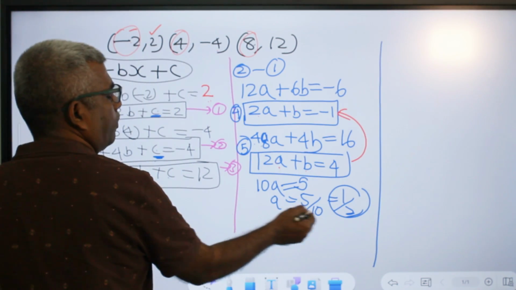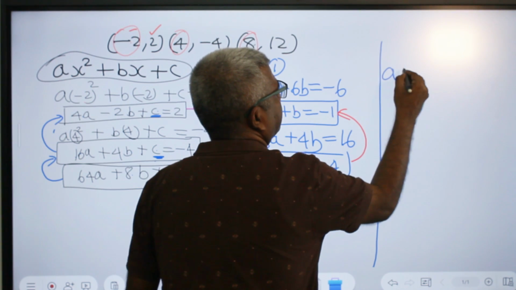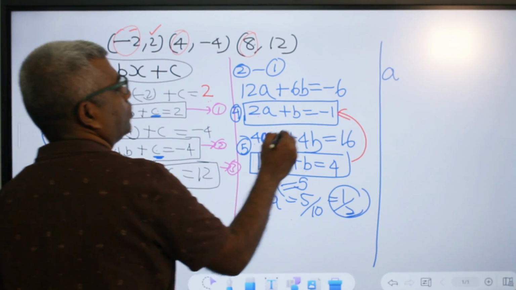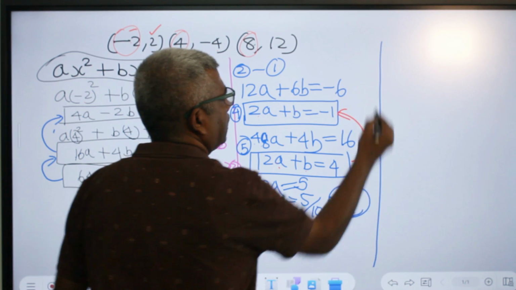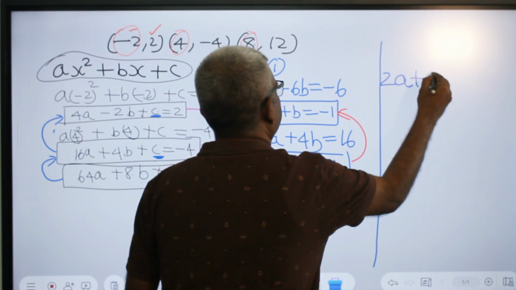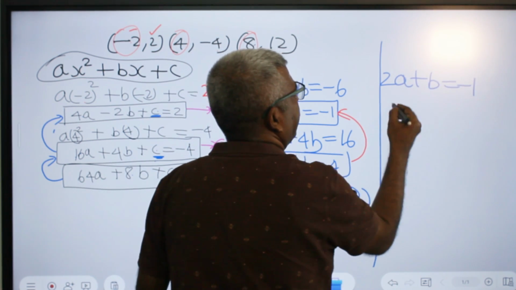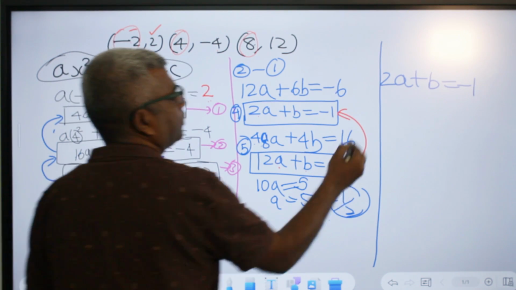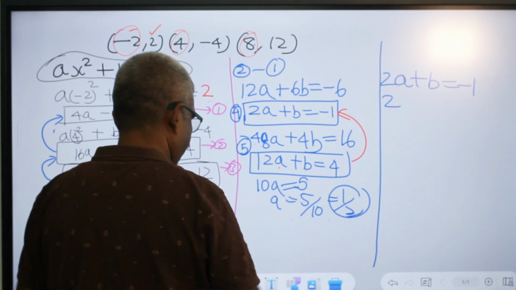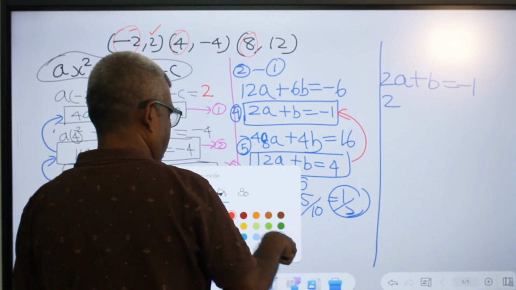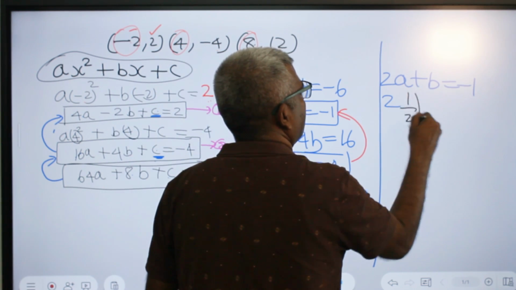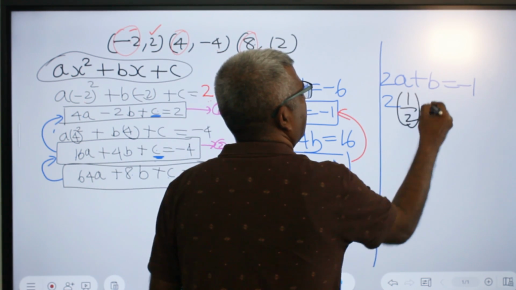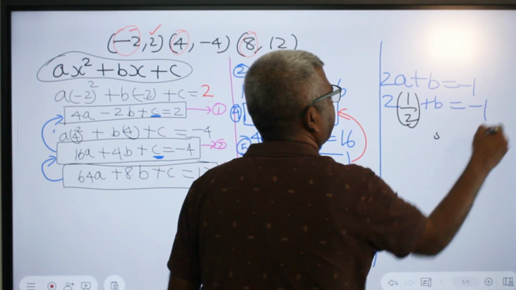So a is equal to 1 over 2, which means you substitute here in 2a plus b is equal to minus 1. a is equal to 1 by 2 means 2 times 1 by 2 plus b is equal to minus 1.